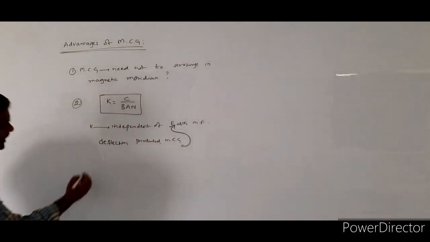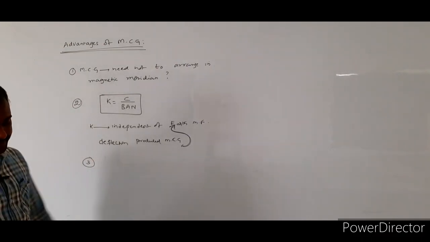So this is the second advantage of the moving coil galvanometer.